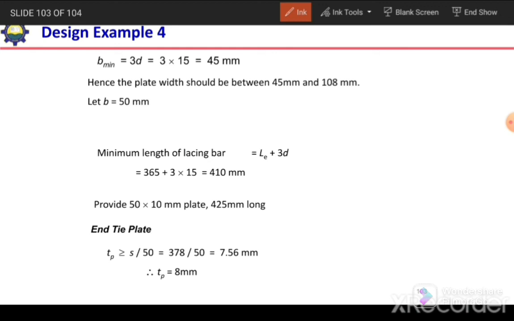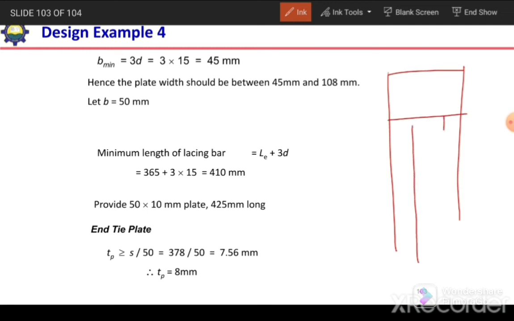Okay, after deciding the dimensions of the lacing element, next is the design of end tie plates, because in case of a built-up section we have ties at the end. For example, it is a channel section like this, so we have tie plates at the ends.